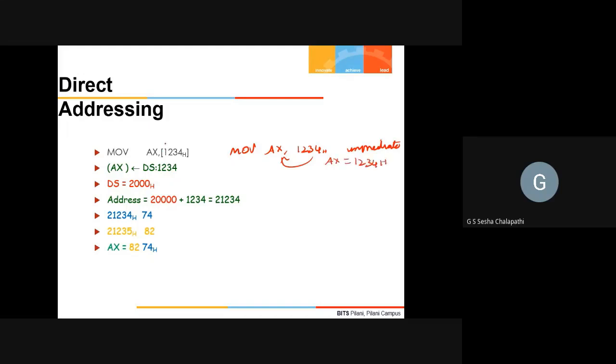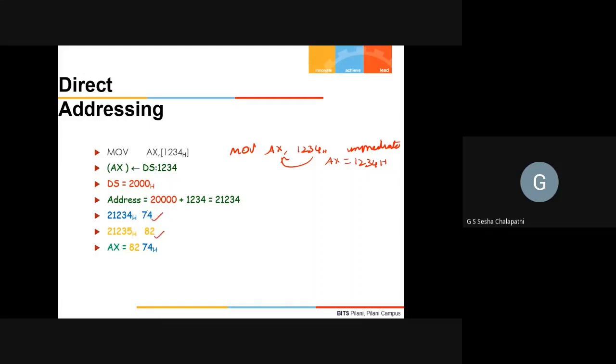Because of the brackets, it will understand that this is an offset to a particular address location, and therefore 1234H should be combined with DS. Suppose DS was 2000H, so that will become 2000 multiplied by 10, that is 20,000, plus 1234H. Let us say that the address has 34, 74 and 82.